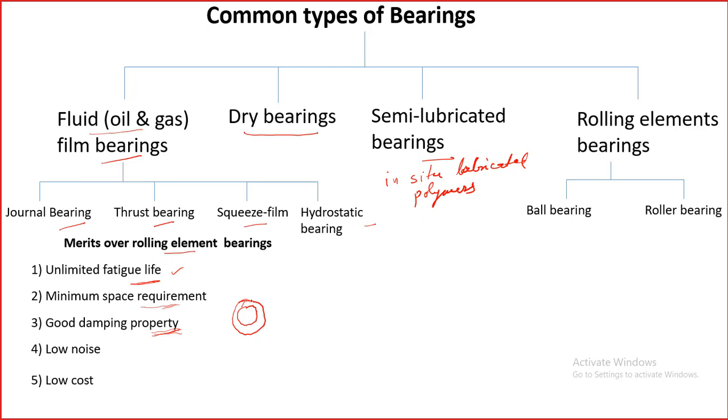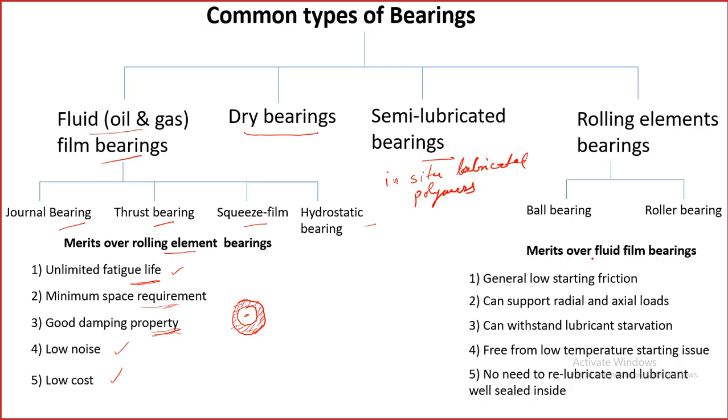If the gap here is filled with liquid, any vibration from the system will get absorbed, because this is a viscous fluid, and as you know, a viscous fluid provides damping, which also means low noise and low cost because it is very simple.